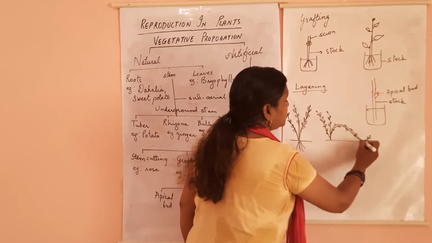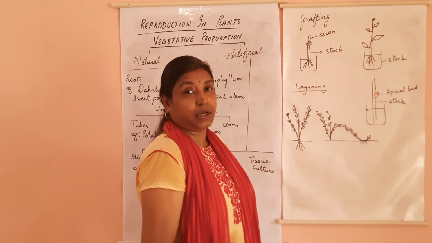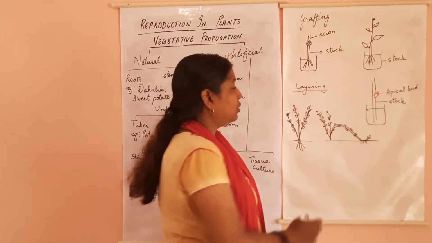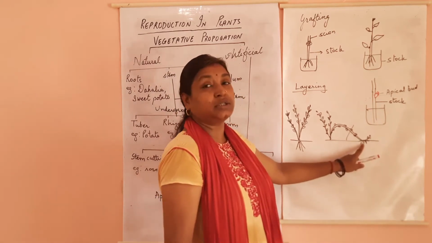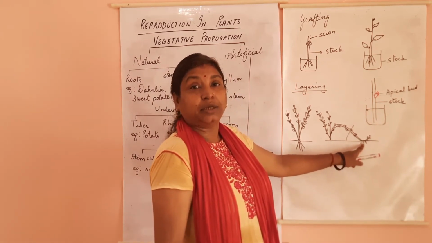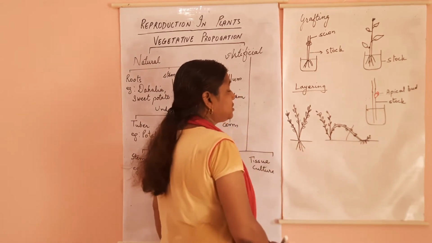After few days, this shoot or this buried part will develop adventitious roots, and then you can cut it off from the parent plant, and this plant will grow as independent new plant. Clear? So this is how layering is done.